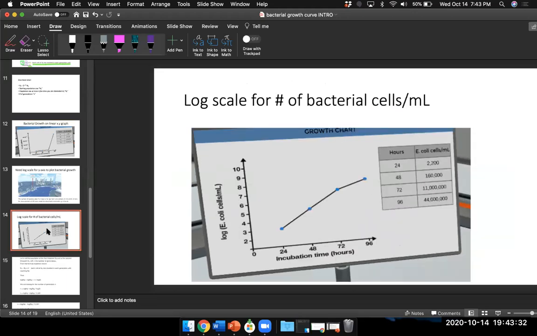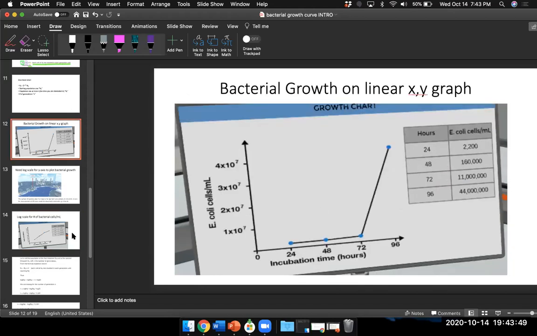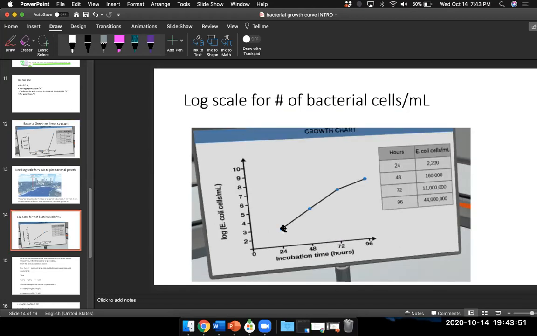So to solve that problem, we use the log scale on the y-axis. And so now you have nice numbers again, like 1, 2, 3, 4, 5, 6, 7, 8, 9, 10. And so using those same numbers that we saw over here, we plot it using the log scale, and now we get this nice little straight line or a slight curve, right?